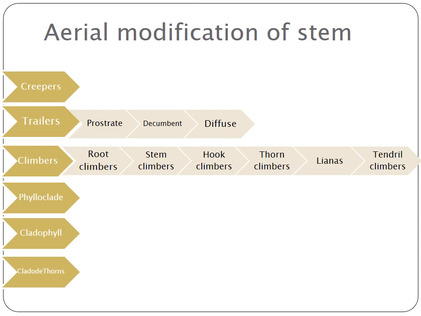So these are all modified to provide support to the plant. The types are root climber, stem climber, hook climber, thorn climber, lianas and tendril climbers.